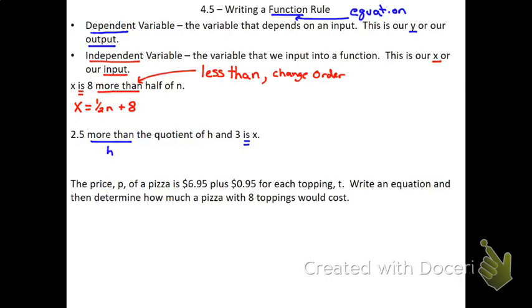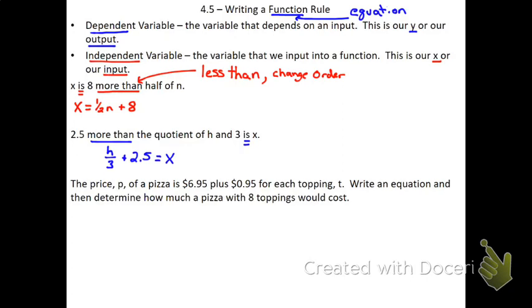So we're going to go h divided by 3 is more than, so we're going to have an addition sign, 2.5 equals x. The thing to take away from this is more than or less than, greater than or less than, you're going to change your order of the numbers around the more than statement.